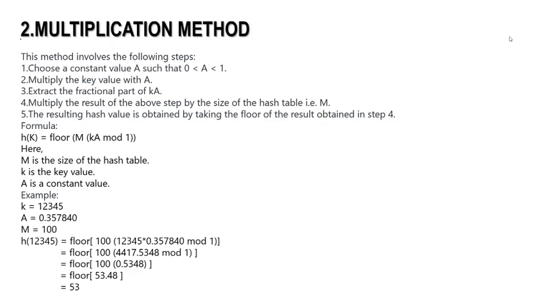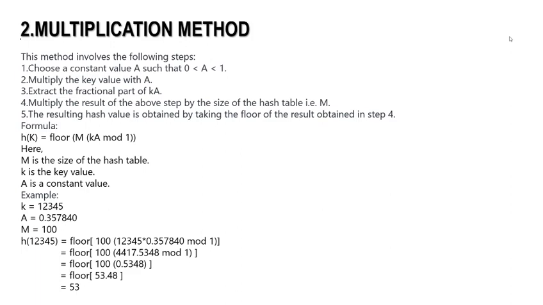Multiply the key value k with A, and then extract the fractional part of kA. Next, multiply the result of the above step by m, where m is the size of the hash table.